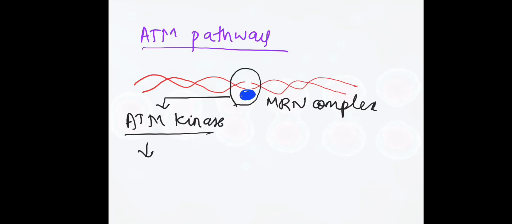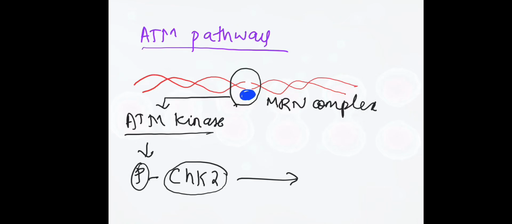This activation of ATM kinase phosphorylates the kinase CHK2, which initiates the signaling that converges on downstream effectors.